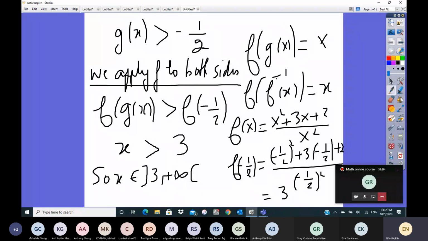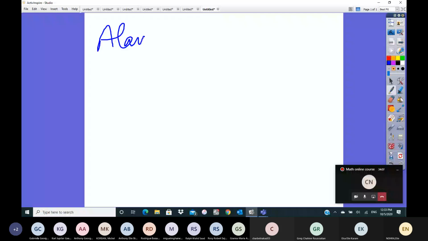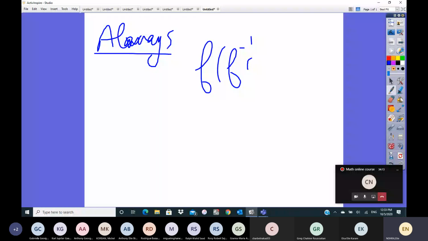Since g is confirmed to be the inverse, I applied f to g on both sides. f of g of x is x, and we got x greater than 3. f round f minus 1 of x is always x, with no exception.